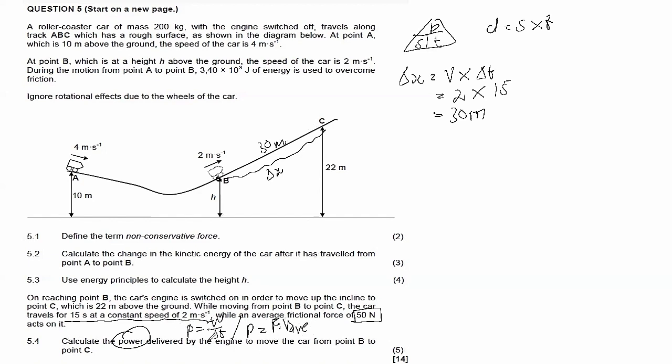Now, if we are to use this formula, then you can see that we must find the work done by the engine, then divide it by the time that we are given. But if we are to use this formula, then we have to use Newton's second law in order to find the net force, and then multiply it with the average velocity that we are given. Our average velocity is 2 meters per second, right?